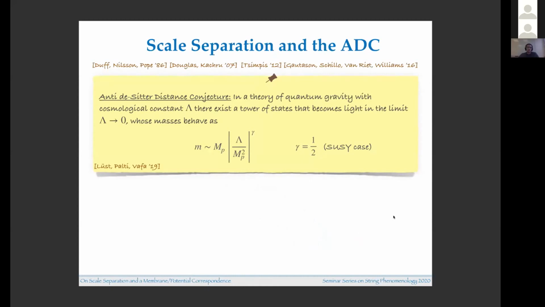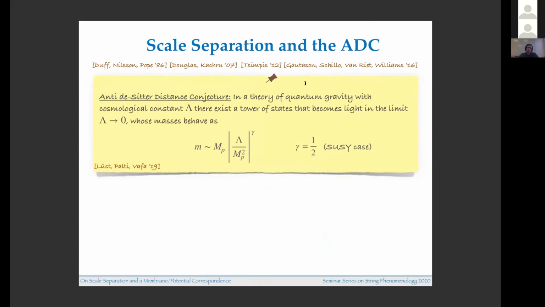So the issue of scale separation in string theory in particular has to do with whether we can separate the typical energy scales of the compactification space and the external dimensions. And this has been ubiquitous in the quantum gravity and string theory literature since a long time ago, as one can see from these references here.